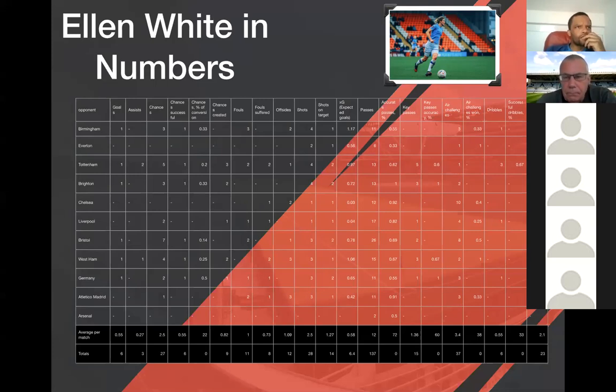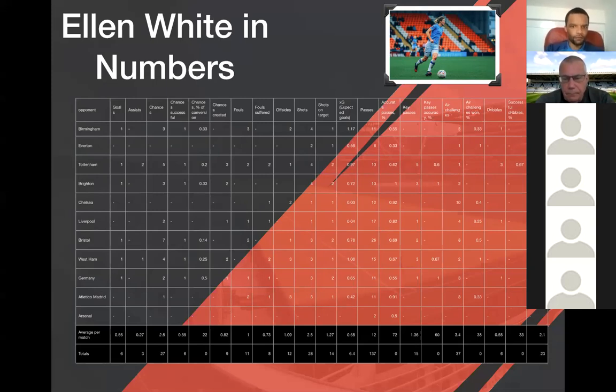Okay. So this is the type of statistics we're using for a centre forward. It's really small. Talk me through a little bit of it. Yeah, so we've got goals, assists, chances, success rates. They want to know the percentages, the passes and everything. So lots of things like that around the forward.